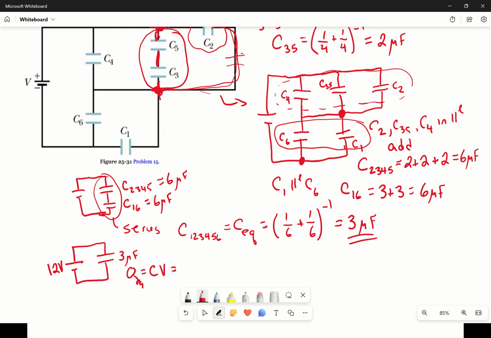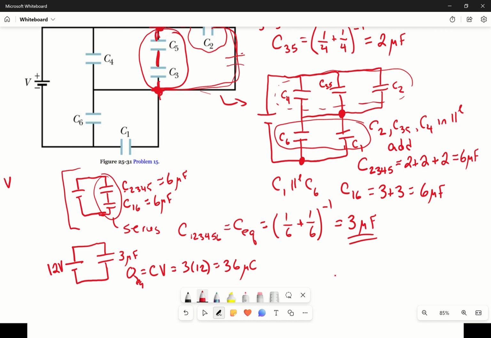So it's going to be 3 times 12, or 36 microcoulombs. Okay, then I can take that up here to this one and say, okay, so there's 36 microcoulombs on C2345 and 36 on C16.